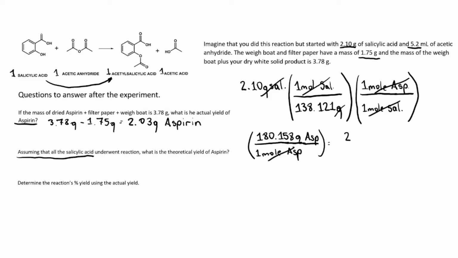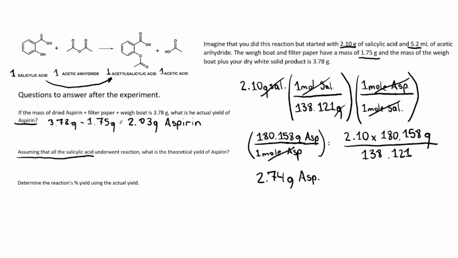And now we're going to multiply across the numerator and the denominator. So 2.10 times 180.158. We're going to keep the grams divided by 138.121, and that is going to give us 2.74 grams of aspirin.